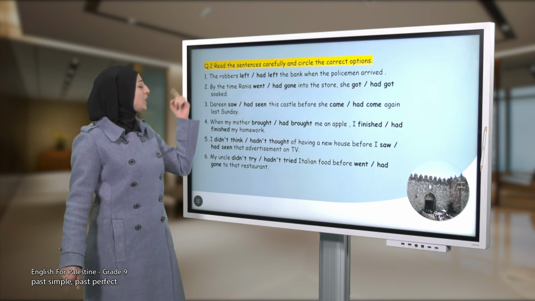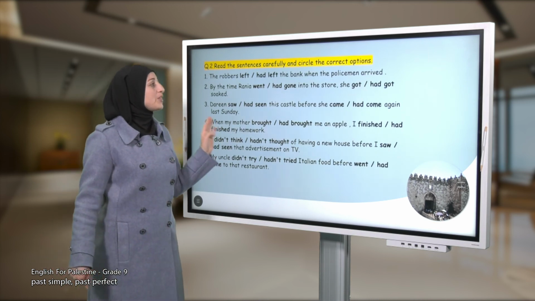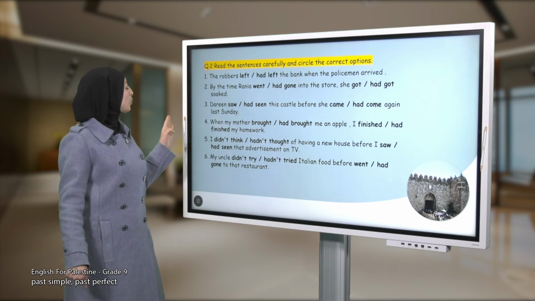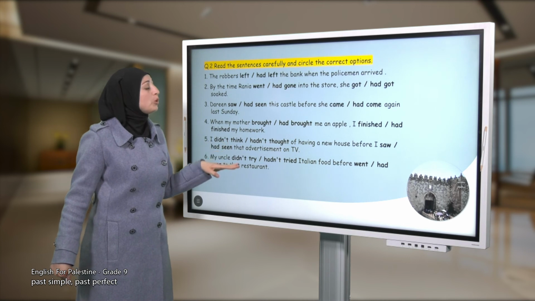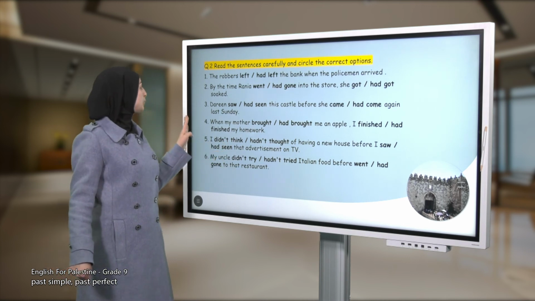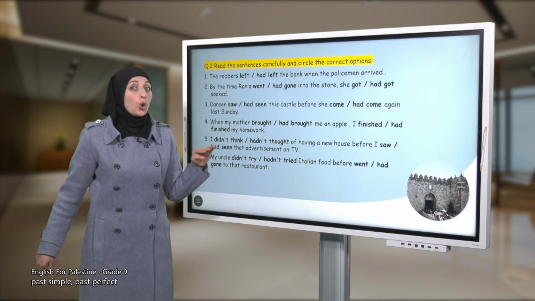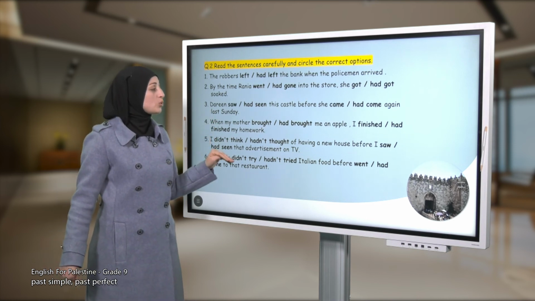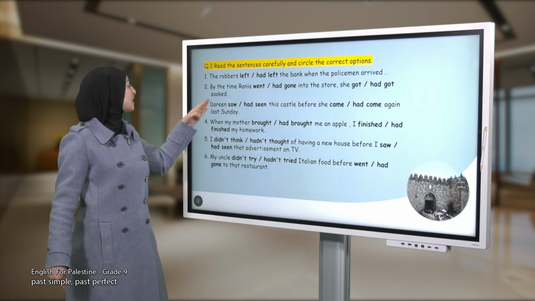Okay, the next question. Read the sentences carefully and circle the correct options. Number 1, the robbers left or had left the bank when the policeman arrived. Number 2, by the time Rania went or had gone into the store, she got or had got soaked.